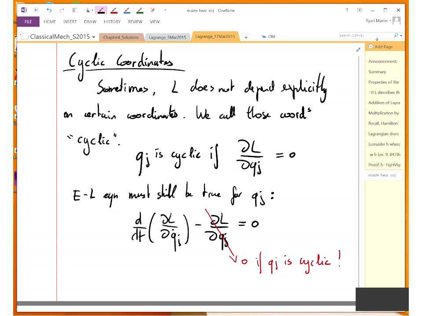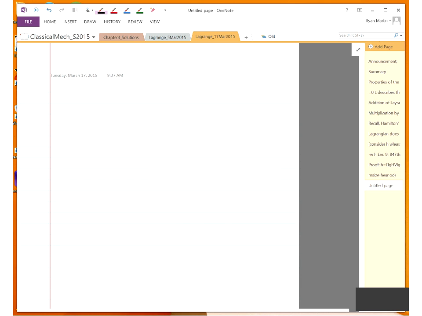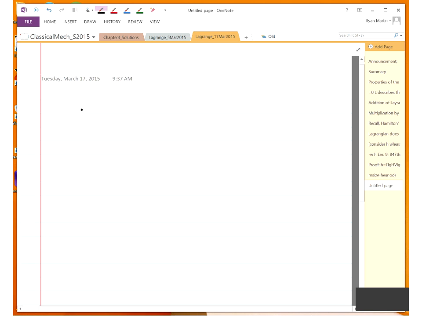Right? So that second term is 0 for cyclic coordinates. Hence, d/dt of ∂L/∂Qj dot is equal to 0.